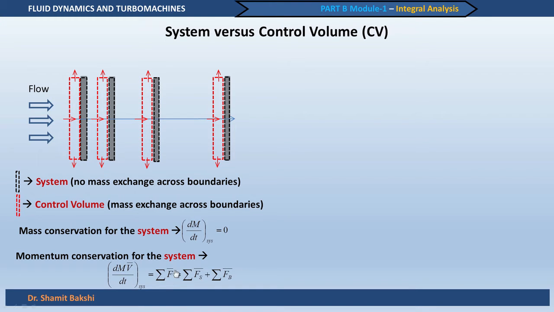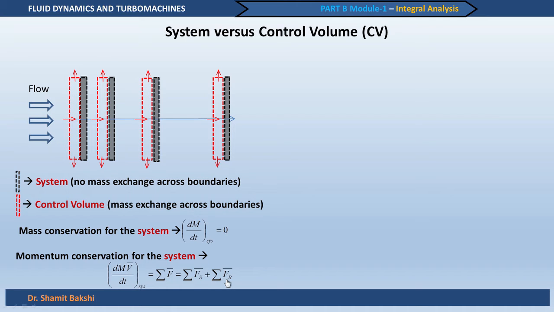The forces acting on the plate can be divided into two types: one is the surface forces, another is the body forces. The surface force is the force which acts on the surface of the system, that is on the system boundaries. For example, the pressure can only act on the surface and thereby produces a force or a normal reaction acting on the surface of the plate.